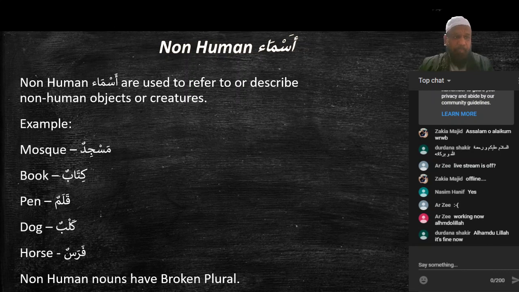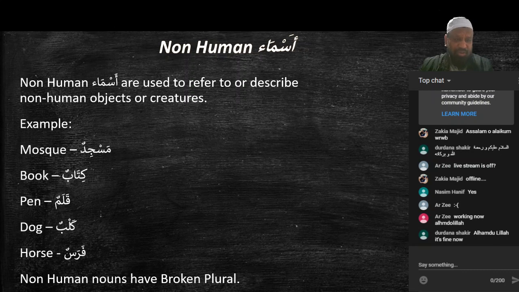Non-human asma. Non-human asma are used to refer to or describe non-human objects or creatures. Example, masjidun, mosque, kitabun, book, qalamun, pen.